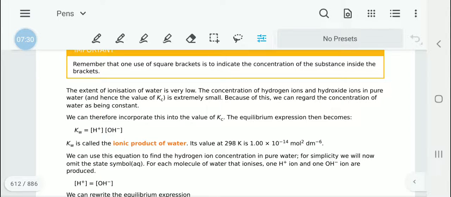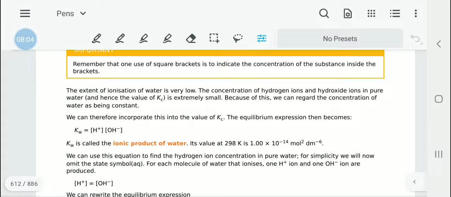As a result, it is assumed that water concentration remains constant, within brackets 1. Therefore, when that is taken into consideration, the equilibrium expression can be written as Kw equals H plus ion concentration into OH minus ion concentration.